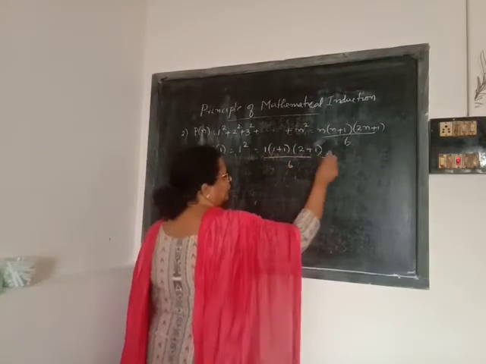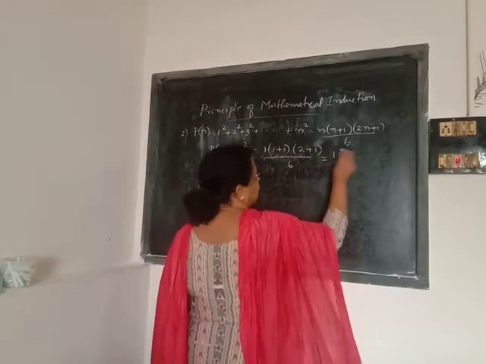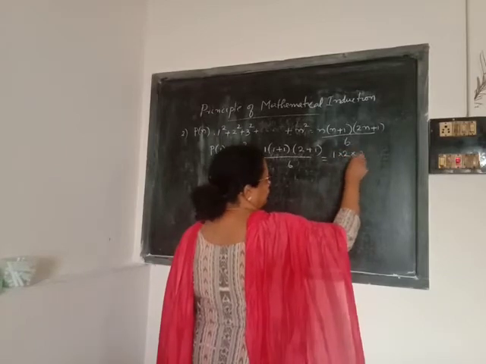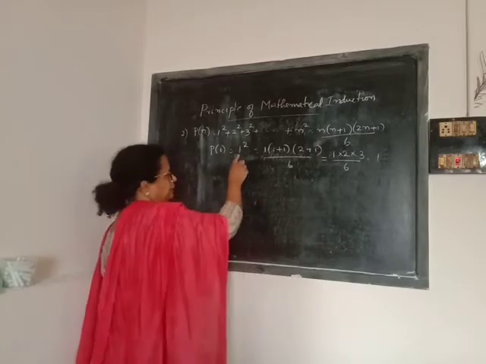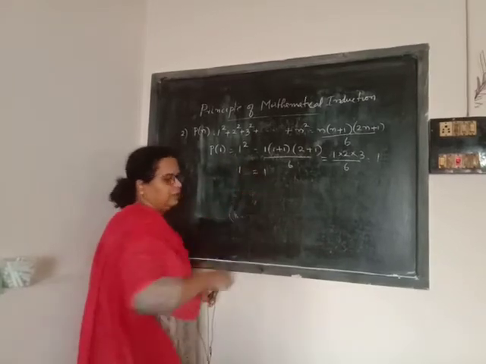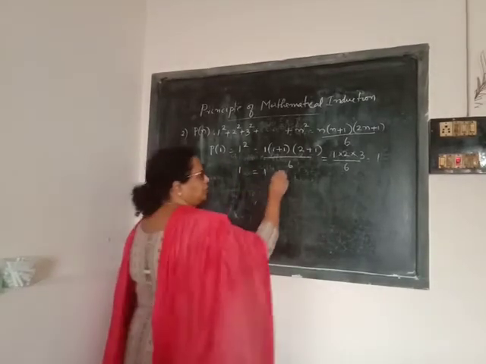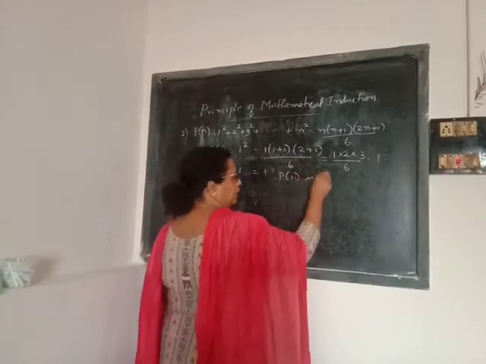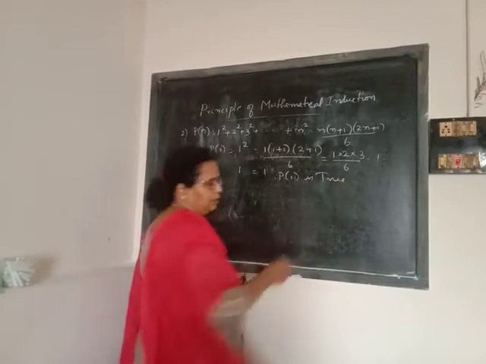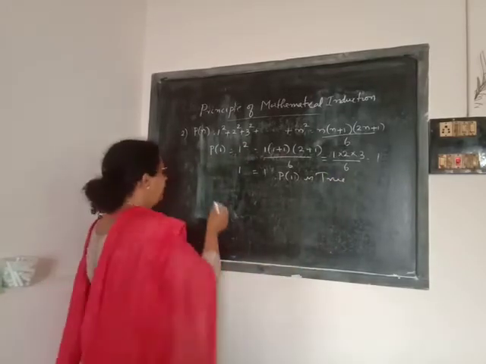Simplify it. What are we getting? 1 into 1 plus 1 is 2, 2 into 1 plus 1 is 3, by 6. So it will be 6 by 6, or 1. So LHS is 1, RHS is 1, means we have shown P of 1 is true. Therefore P of 1 is true. Now the next step, what is it?